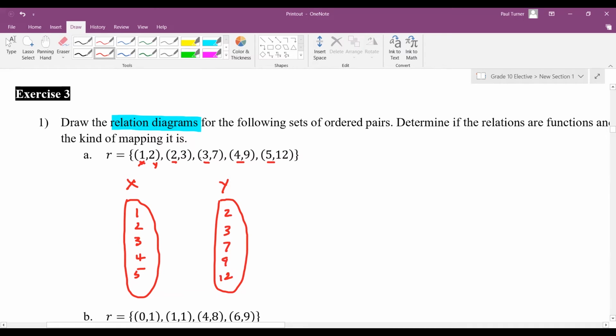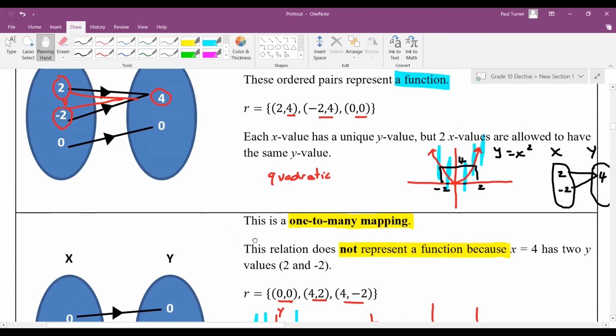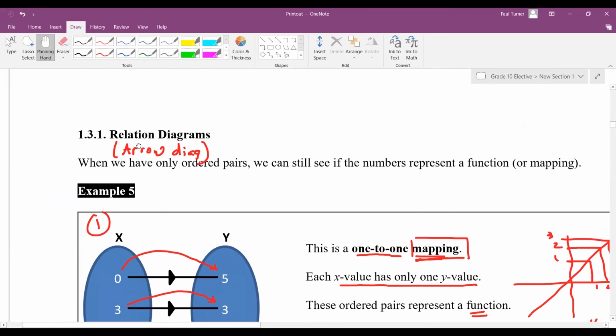If you see the number more than once, you just write it once, okay? And then we match up 1 to 2. So you can use different colored pens if you like. So 1 to 2. And then we have 2 to 3, like this. Then we have 3 to 7, 4 to 9, and 5 to 12, like that. So we can see back at our previous page, that's going to be 1 to 1. That's a 1 to 1 mapping.